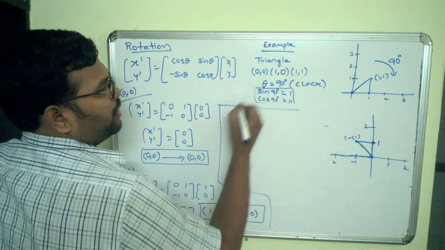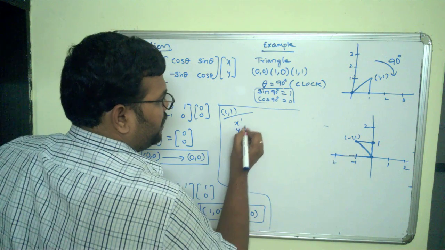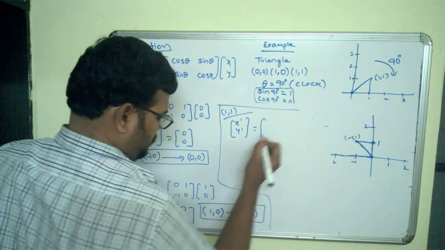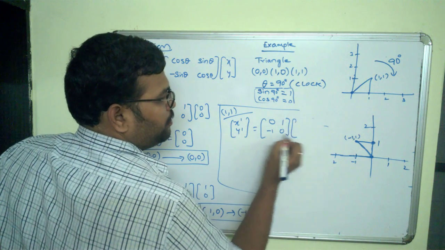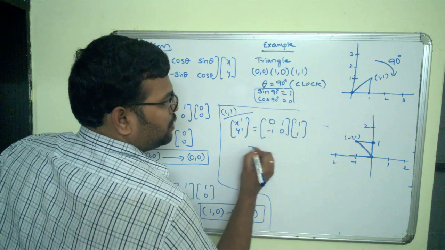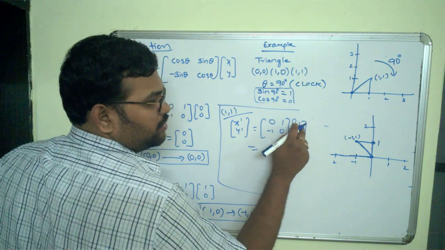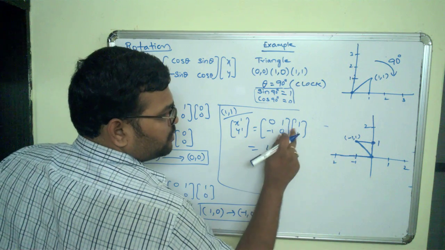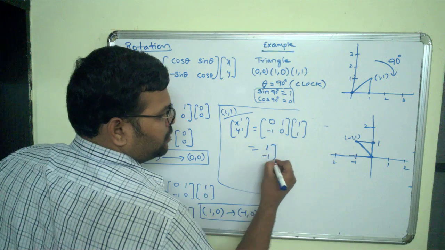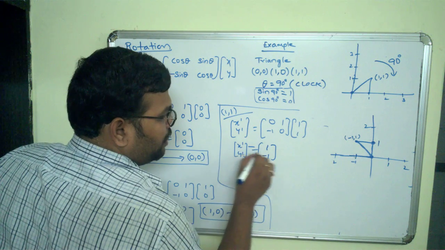Coming to the third point, 1 comma 1. So [x', y'] is equal to the same [[0, 1], [minus 1, 0]] into [1, 1]. So 0 into 1 plus 1 into 1, and minus 1 into 1 plus 0 into 1. So [x', y'] will be [1, minus 1].